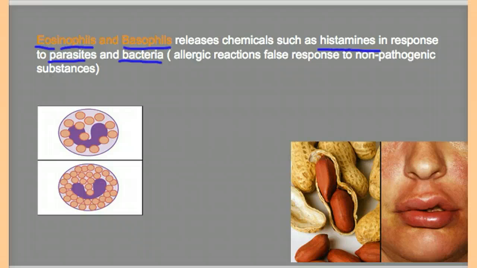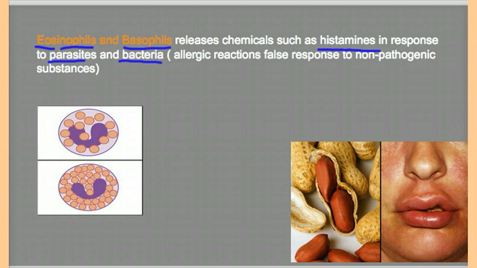And sometimes when we have a problem with our eosinophils and basophils, they will release histamine in reaction to anything, sometimes false things. For example, it might be pollen, and they release histamine, and that is called an allergic reaction. That's how you actually get an allergic reaction, because your body reacts to normal things as if to say, oh, here's a pathogen coming in, let me release some chemical called histamine.